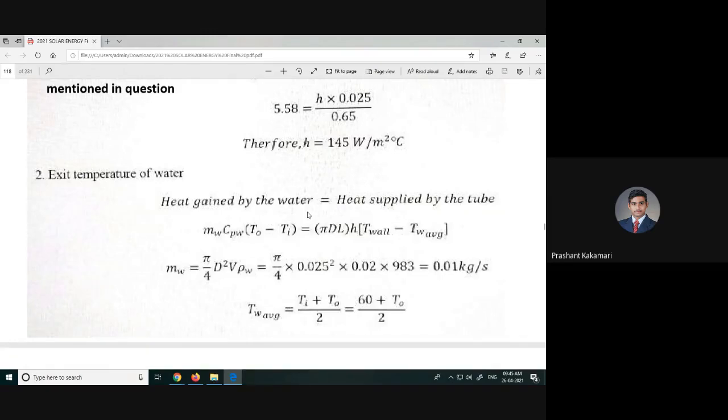Then on the other side, heat supplied by the tubes. For heat supplied by the tube, I can take the convective heat transfer equation.